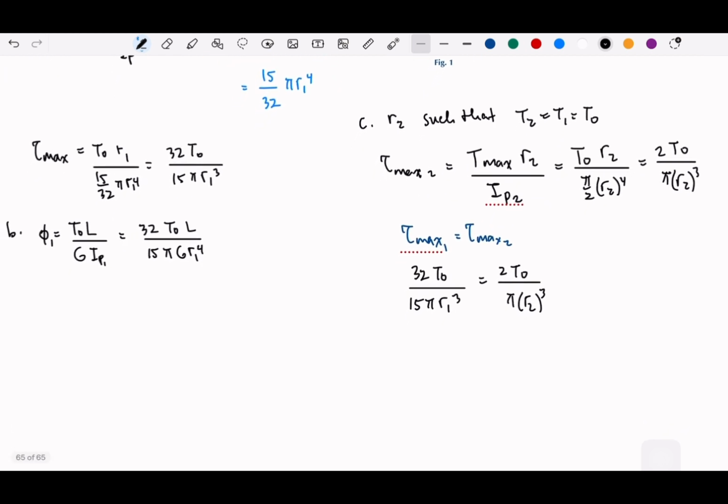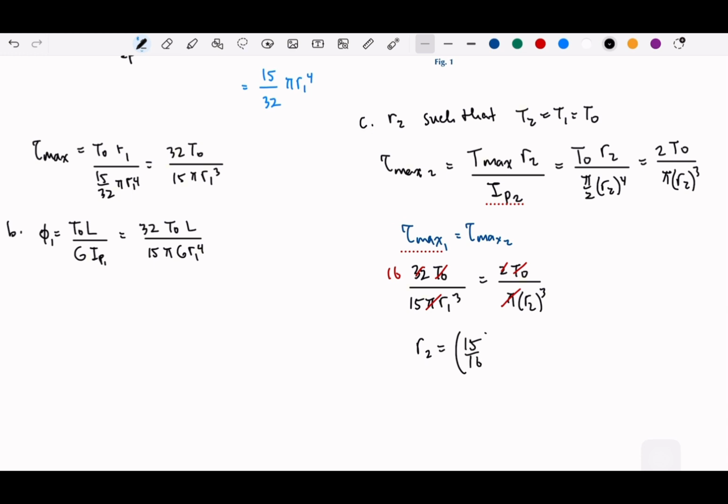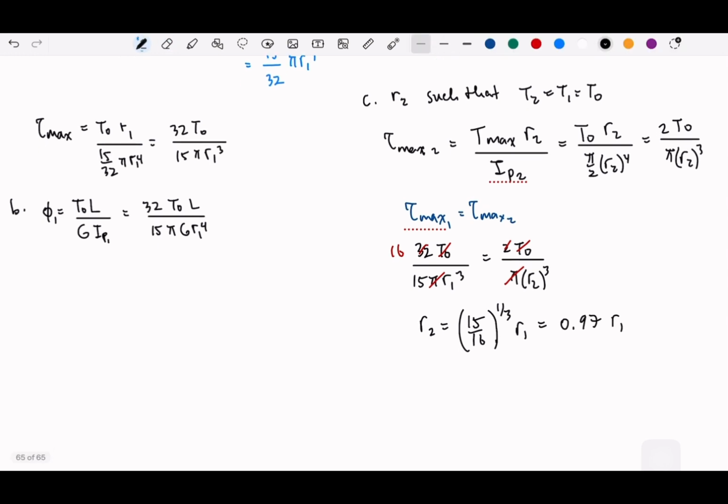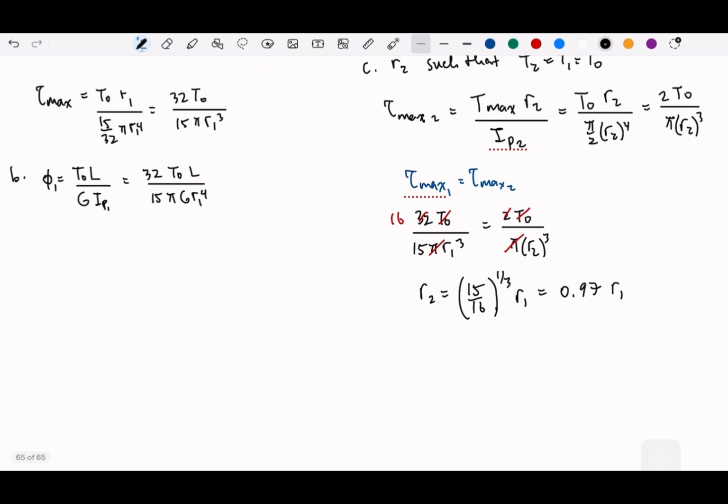Okay, so we can cancel these, and we can also cancel the 2 with 16, so R2 is the cube root of 15 over 16 times R1, or 0.97 R1.